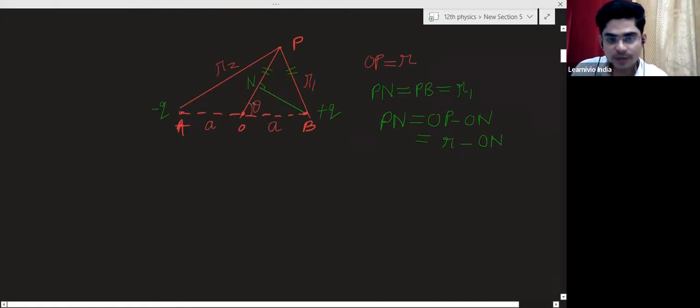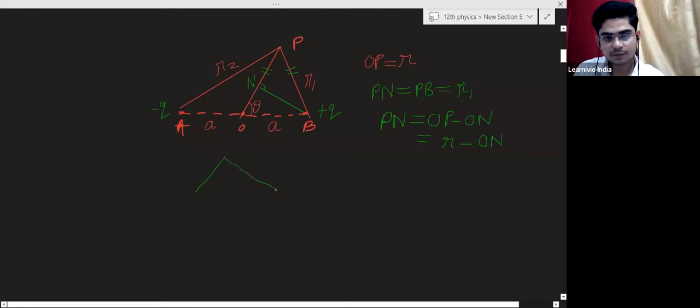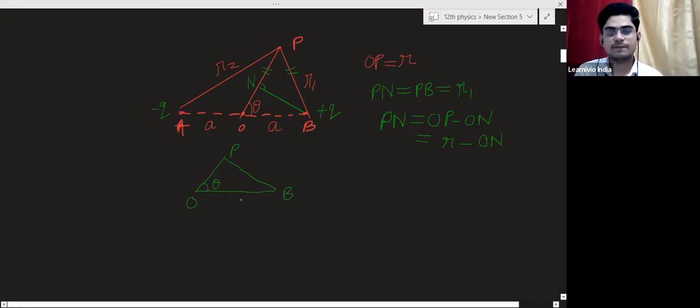Now you can see here is the triangle O and B. I am drawing this triangle here, and this is the angle theta of this triangle. This point is O and this is B. This distance OB is A, Matthew?